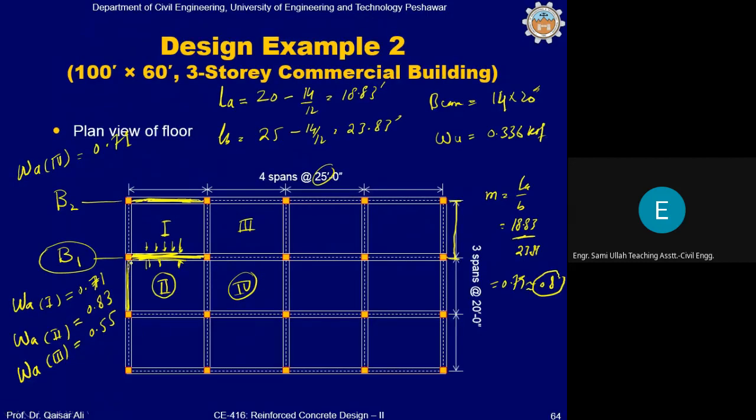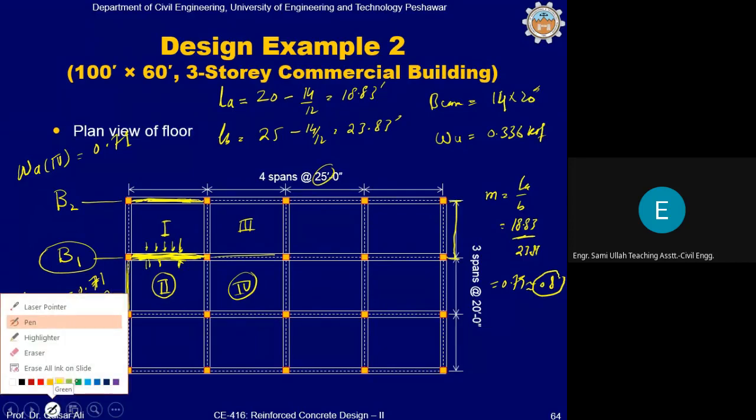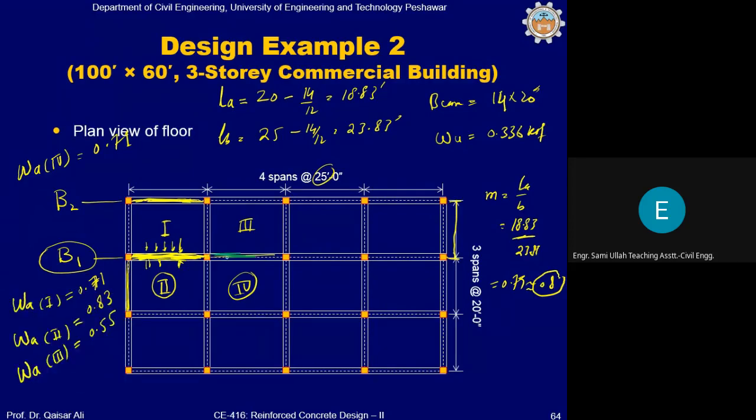Okay, this is basically exterior span of B1. Now, load acting on interior span of B1. For example, I am representing it with green color. This is basically the load acting on interior span of B1.